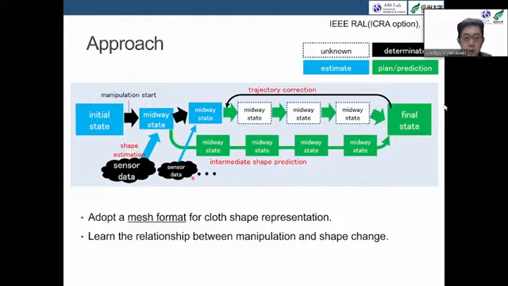That is, shape estimation, which I have already explained, shape prediction, and trajectory correction. The accuracy, flexibility, and the execution time of these 3 functions must all be at practically applicable levels. Core features of our approach are that we use a mesh format for cloth shape representation and learn a forward model of the object dynamics for real-time shape prediction.